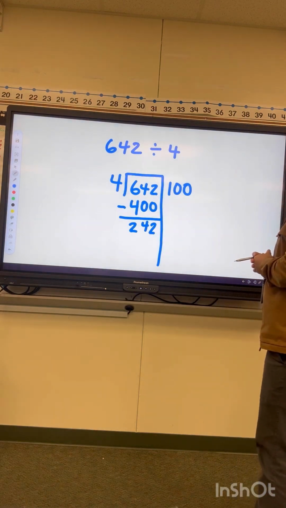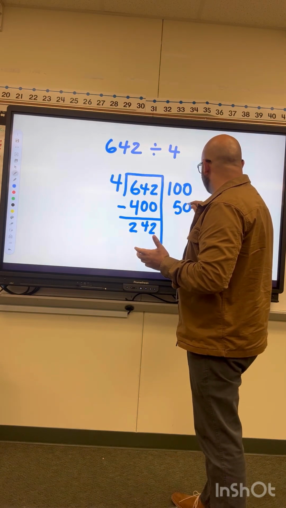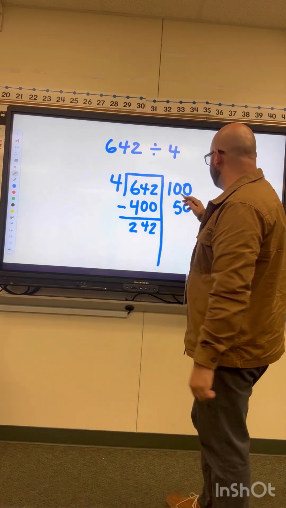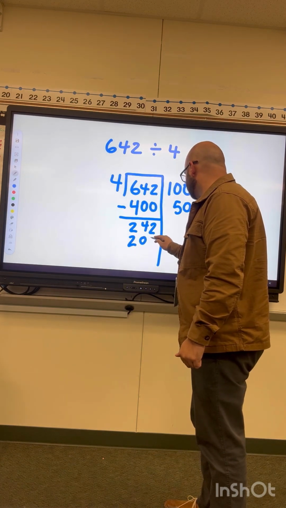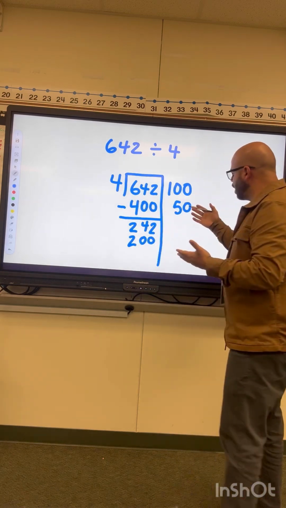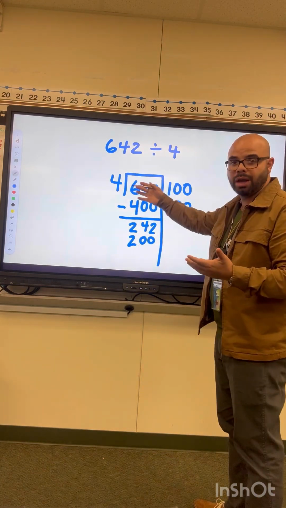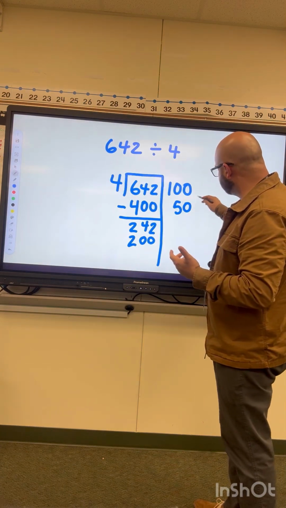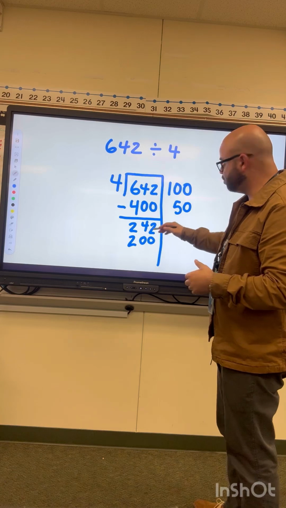So let's see, how about 50? 50, I know that 50 times 4 will give me 200. Okay, that would give me 200. Nice round number, right? It ends with a 0, right? Easy to multiply, easy to do mental math. I erase the 0. 5 times 4 equals 20. Put the 0 back, gives me 200, right?